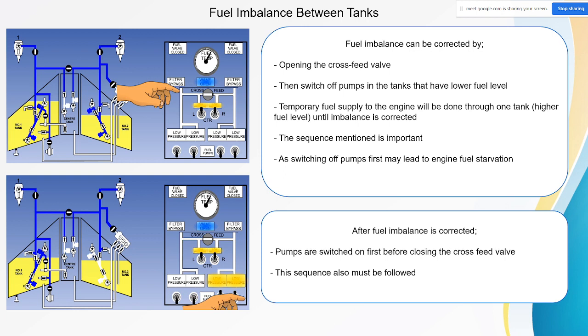Fuel dumping biasa large aircraft, so the weight of the aircraft lebih besar lah kira. Small aircraft is lighter, so they won't have that much impact compared to the larger aircraft.